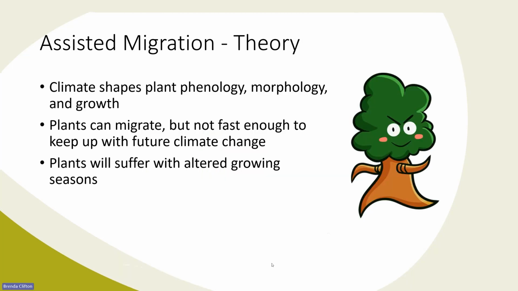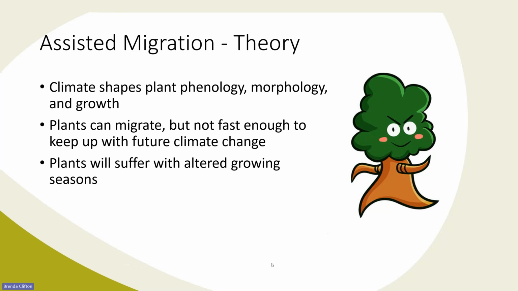The theory behind assisted migration and why people think it will work is because climate shapes plant phenology, morphology, and growth. Things like when flowers bloom, when buds break, and how tolerant plants are to drought have evolved based on the climate that they grow in.